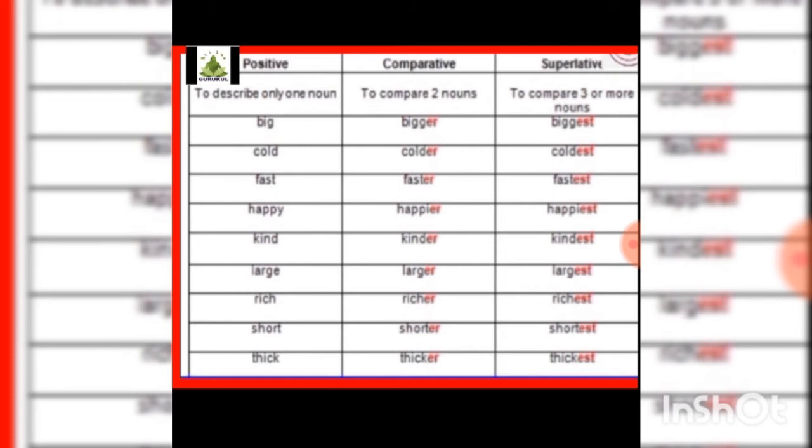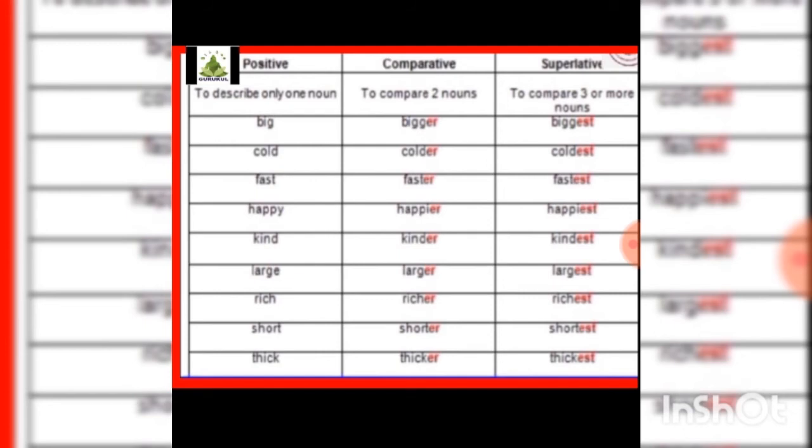Okay, second one: cold, colder, coldest; fast, faster, fastest; happy, happier, happiest; kind, kinder, kindest; large, larger, largest; rich, richer, richest; short, shorter, shortest; thick, thicker, and thickest. So children, you understood what the degrees of comparison are and how we add er and est.